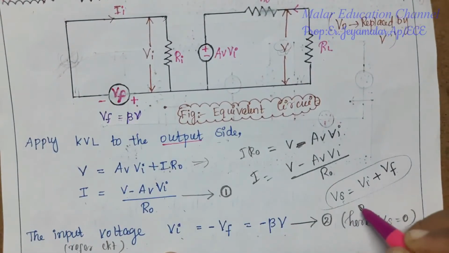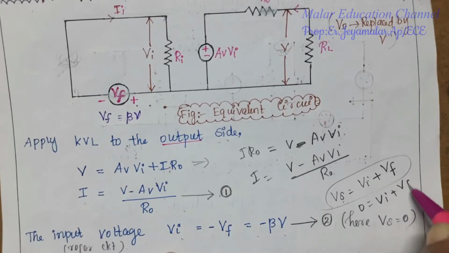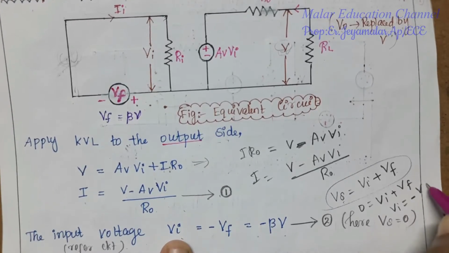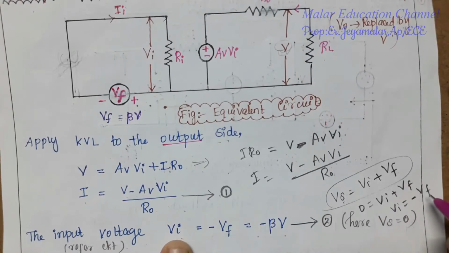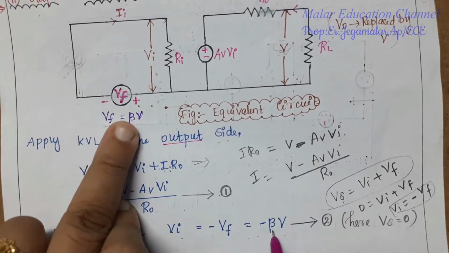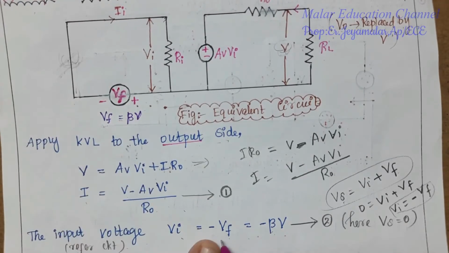Substituting 0, we get 0 equal to Vi plus Vf. So Vi equal to minus Vf. Substitute the value, Vf equal to beta into Av, so Vi equal to minus beta into V.